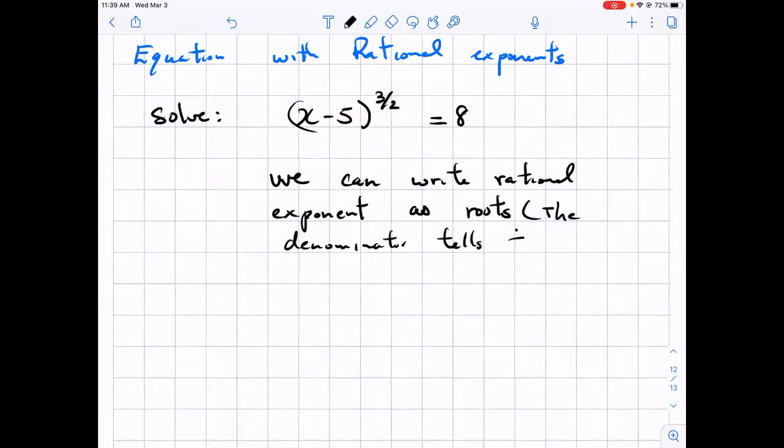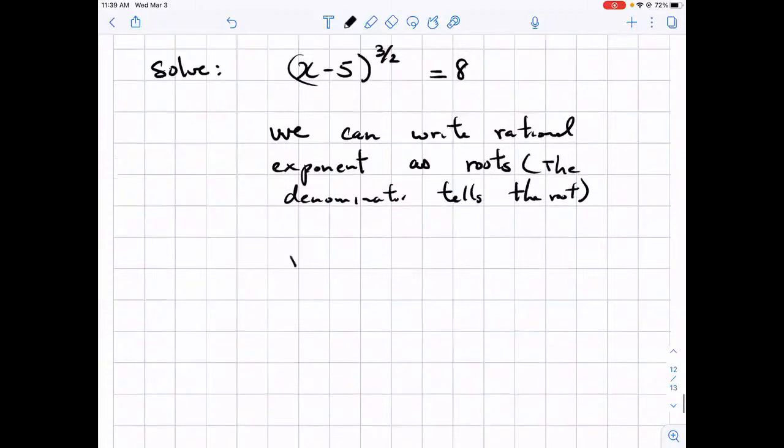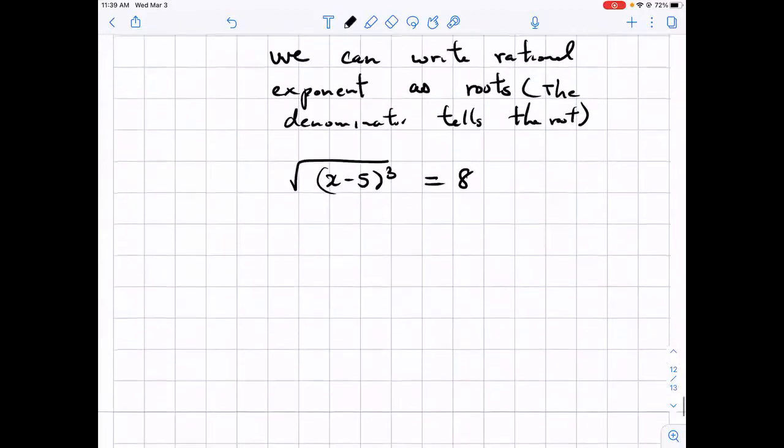So this is the same, since the denominator is a 2, as the square root of x minus 5 cubed is equal to 8.